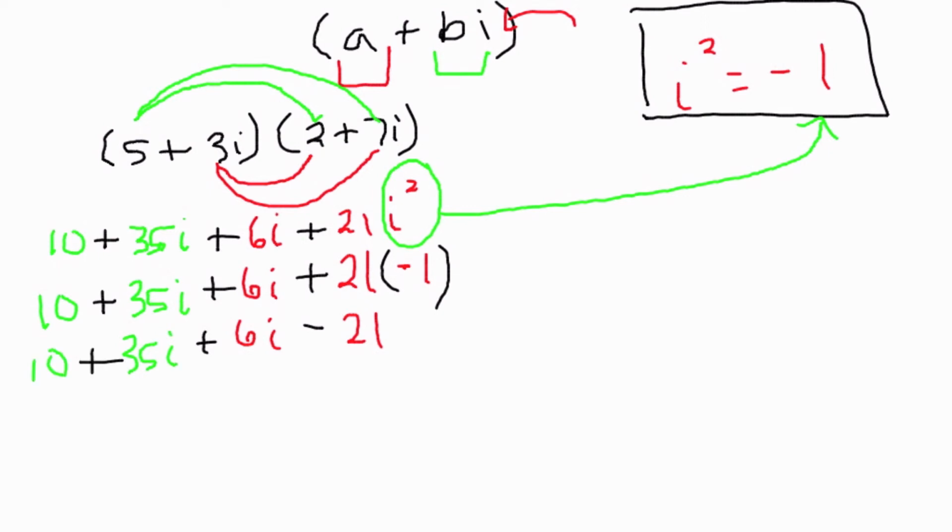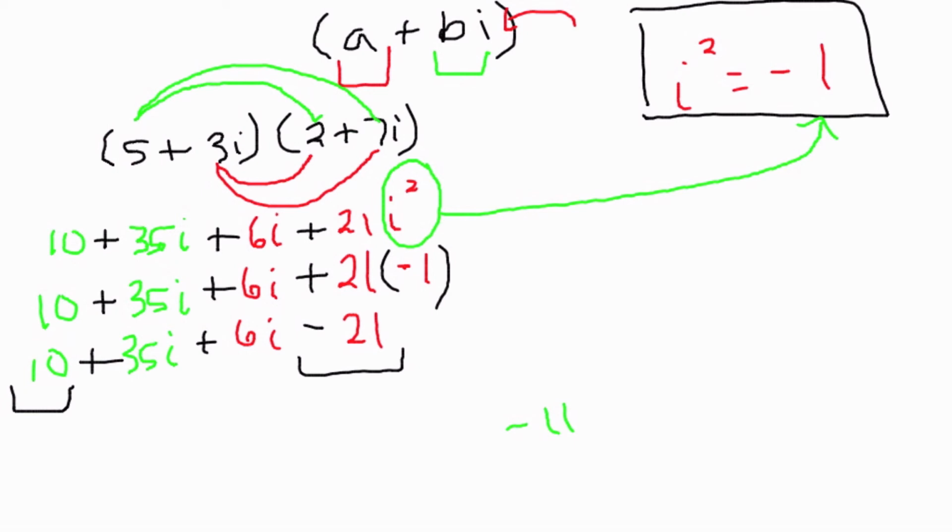So now, once we reach this step, what we're going to do is combine like terms. In other words, combine all the real numbers together and combine all the imaginary numbers together. First thing I see is I have a 10 and a negative 21. These two are real numbers, so I can combine these two. 10 minus 21 gives us a value of negative 11.